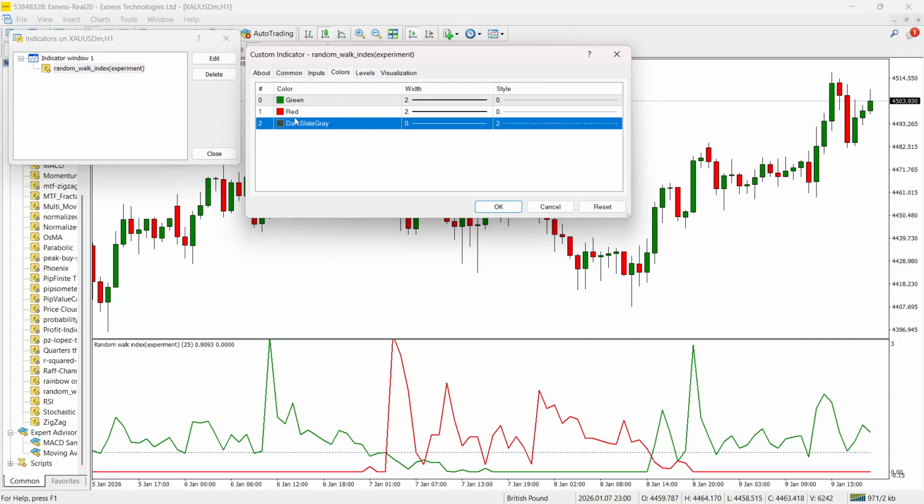You can also adjust the colors: green for the bullish RWI high, which is number 0, RWI low is number 1, and then the line for 0 and 1 is dark slate gray.